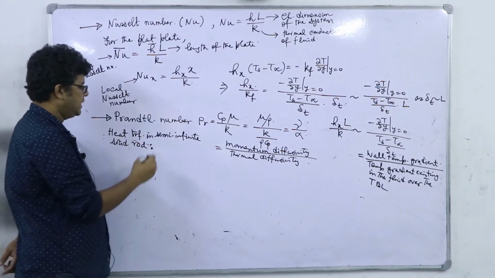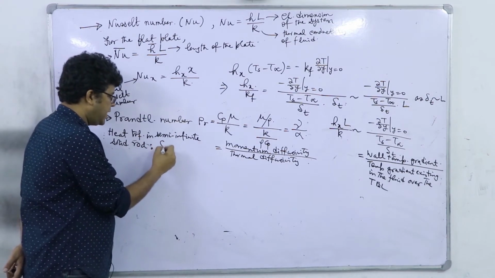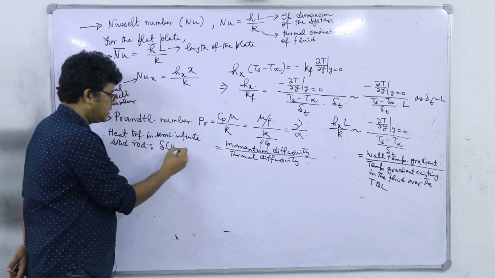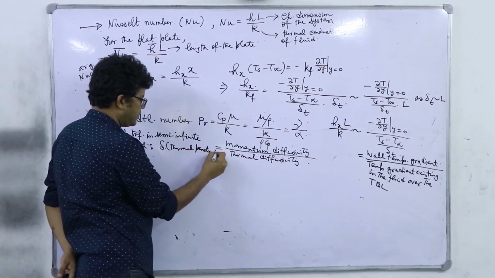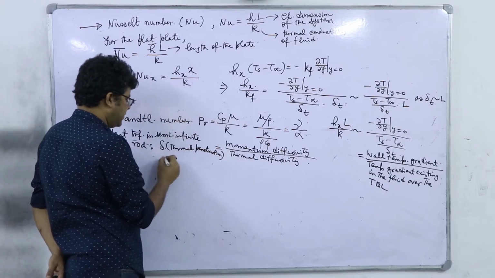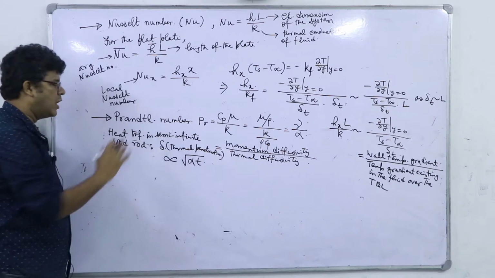There we have seen that penetration, this was what? Thermal penetration. We have seen that this is proportional to under root of alpha into t. There was some constant, right.